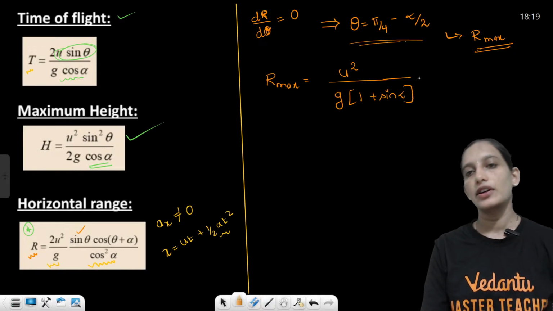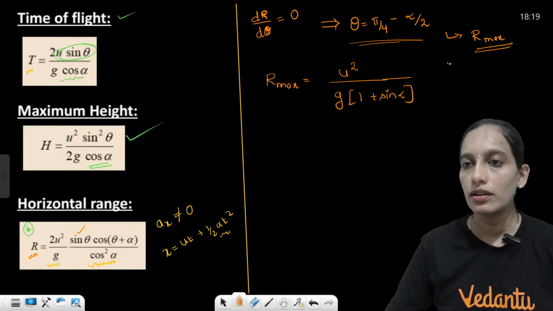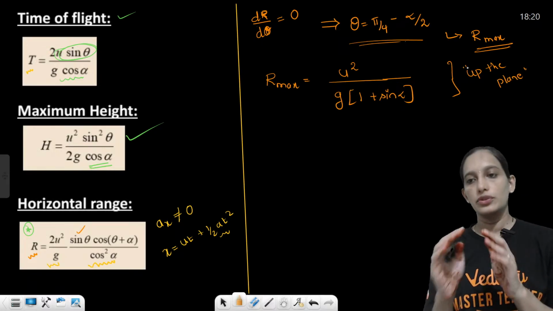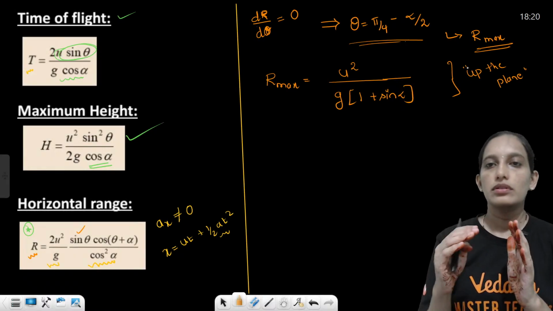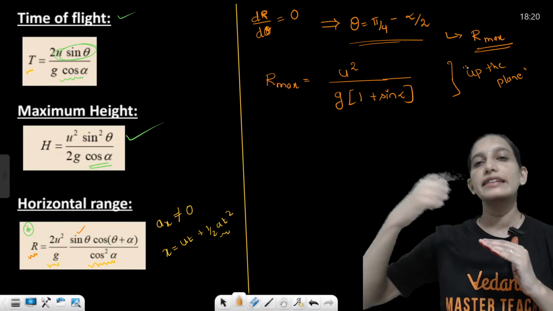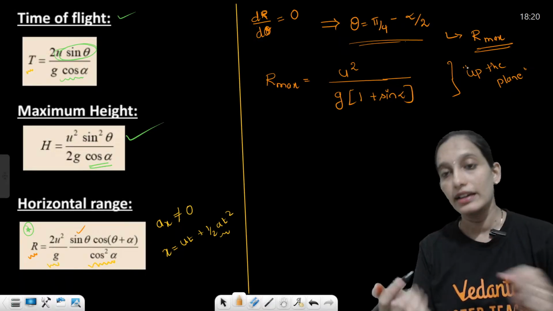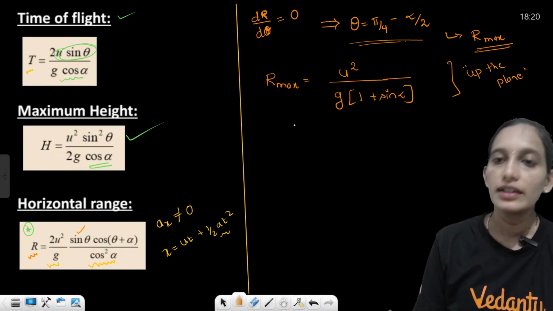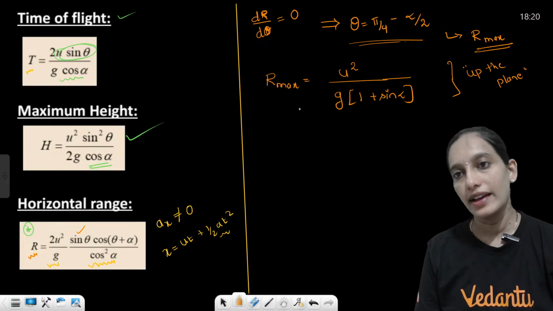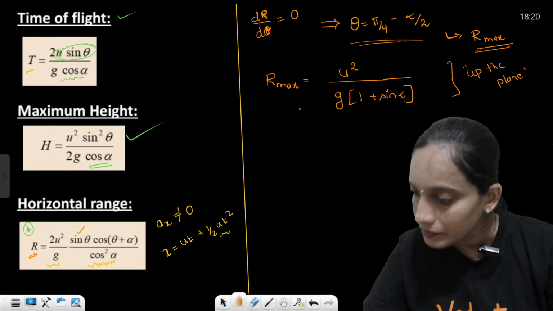Okay, so this is for up the plane. If the projectile motion is up the inclined plane, the maximum range is u square by g into 1 plus sin alpha.